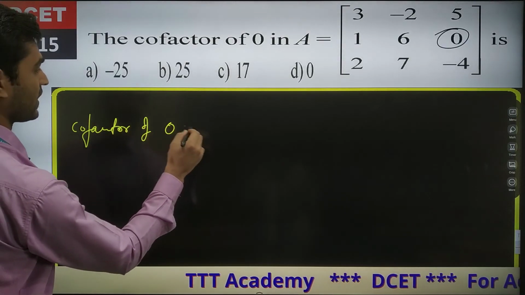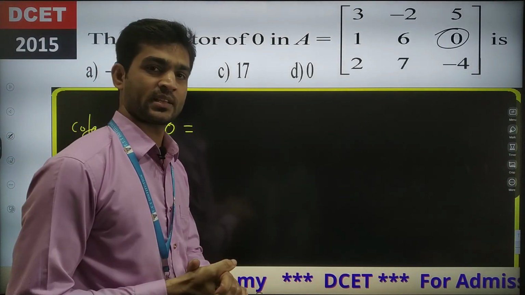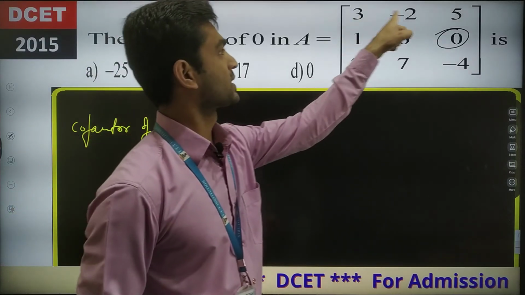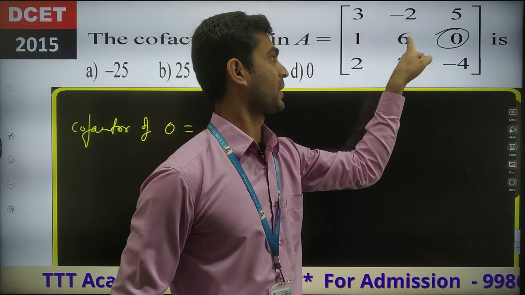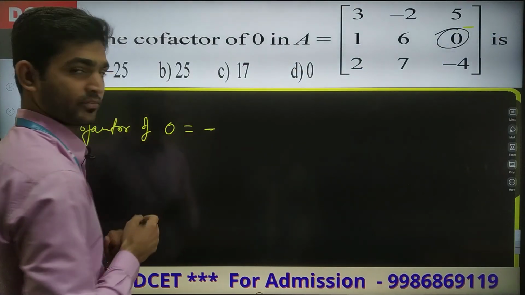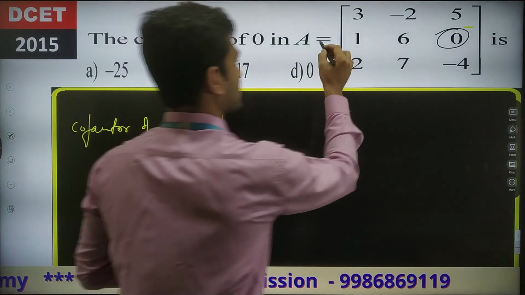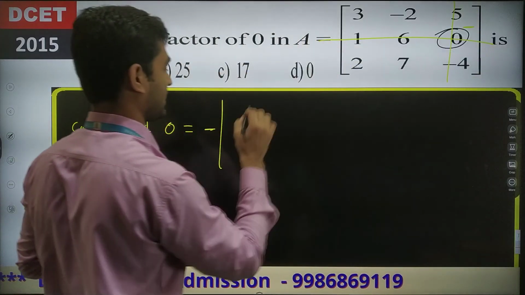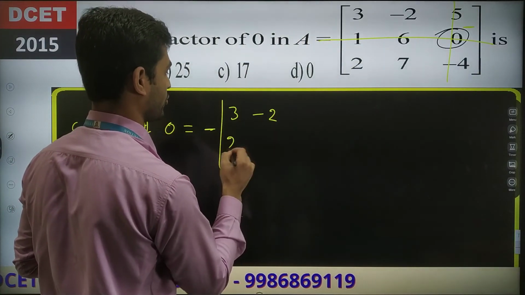So if you want to find the cofactor of 0, what are our standard things? Sign: plus minus plus minus plus minus. That means in that position it is minus. So keep it minus here. If you cancel second row, third column, then the elements are 3, minus 2, 2, 7.